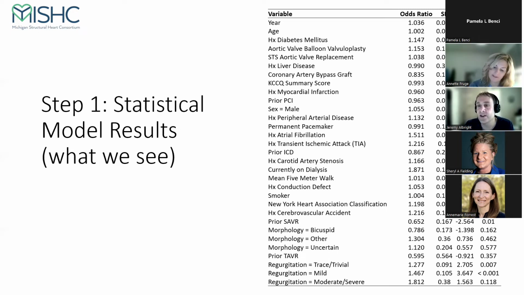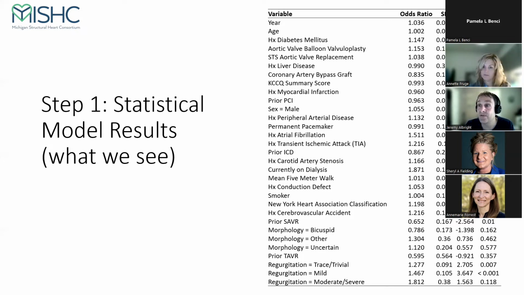So we get these odds ratios, and there's a lot of numbers, but we also know that in any data set, there's noise. Even if, say, we find one that's kind of significant here, the KCCQ summary score, even if the effect of that is actually 0, just based on noise in the data that we get, we're going to get a number that's different than 0.